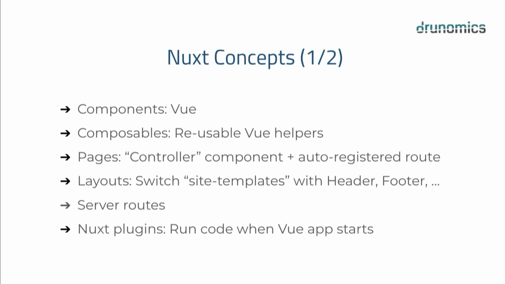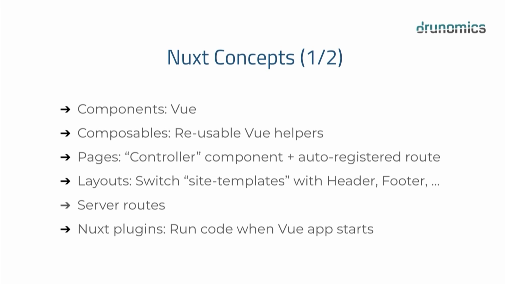So what are the things available in Nuxt? The main concepts, I would say, first off, components, Vue components, of course. We've seen that. Also composables, we've already seen, which are basically reusable Vue helpers. It's also something you can very easily use in Nuxt. Then there are pages, the controller components, which auto-register the routes.